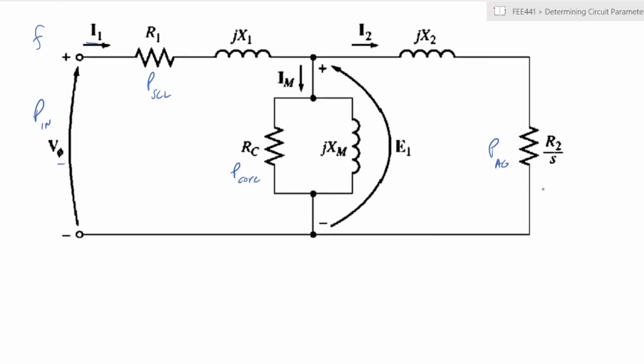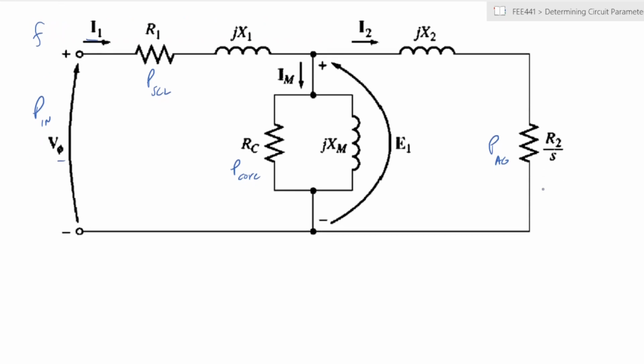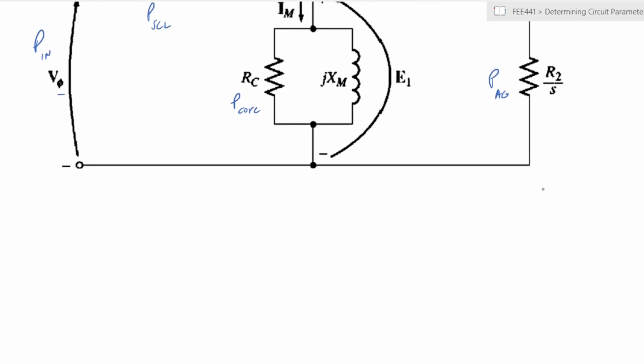So now experimentally, if you have a motor, how would you determine the values of these elements just with the motor and laboratory or testing equipment? Usually we have 3 tests that we can carry out that will enable us to determine them, alongside certain knowledge of the physical parts of the motor.